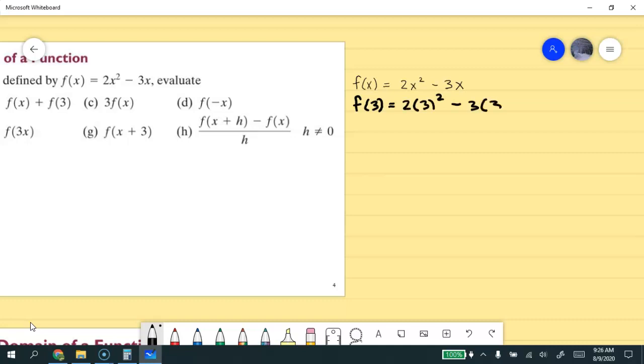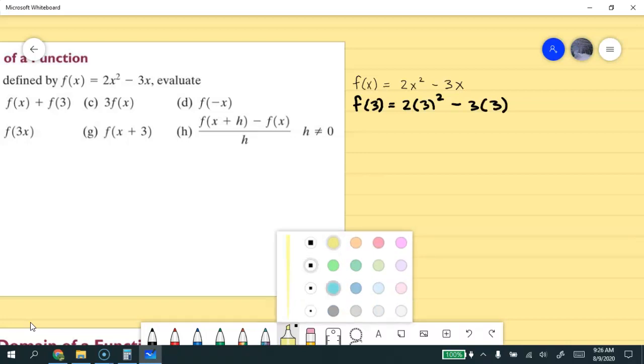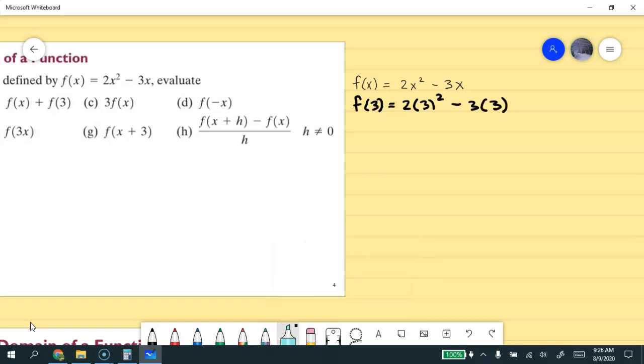So I generally do enough of these where students start to realize what's going on. And so if you haven't caught on yet, basically what happens is whatever goes into this x is going to show up right here, and it's going to show up right over here. So notice how when they said f of 3, you make this into 2 times 3 squared minus 3 times 3, and that's all there is to it.